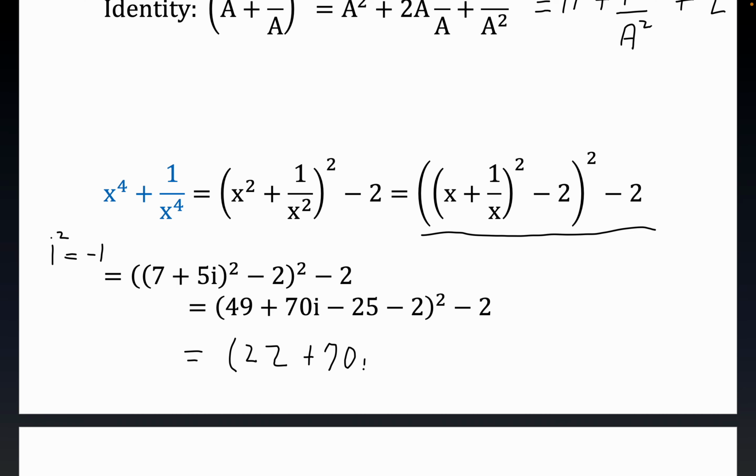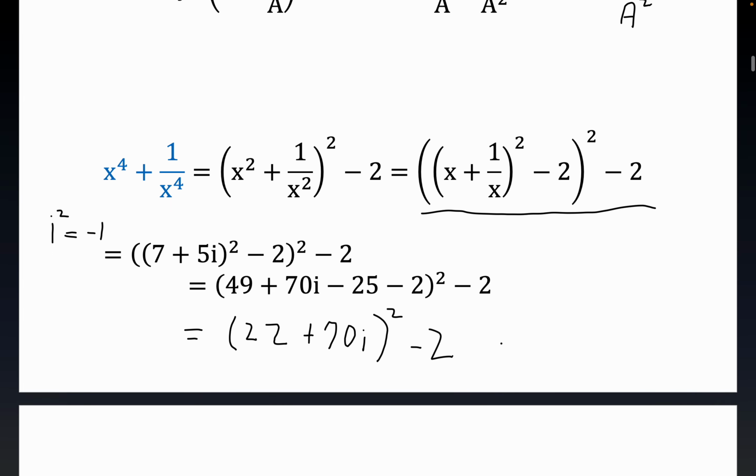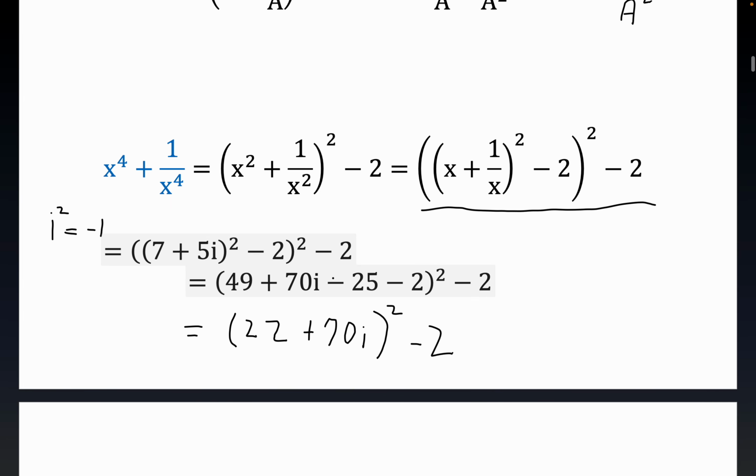I'm pretty sure I got that right. Again, the way I did that was just 49 minus 25 is 24. There's a 2 in there, so 24 minus 2 is 22, and then the 70i. You can see where the 70 comes from. That's just 2 times 7 times 5. It's part of that identity too, the a plus b squared identity.